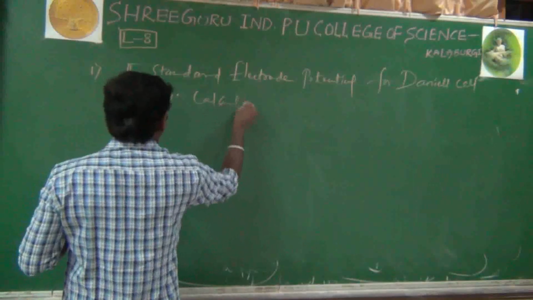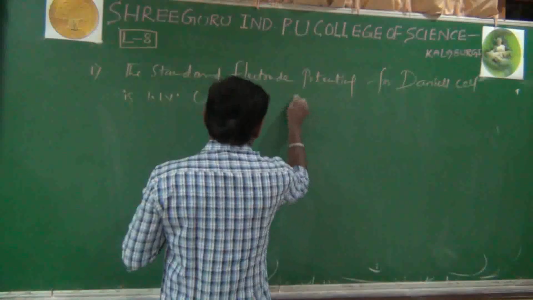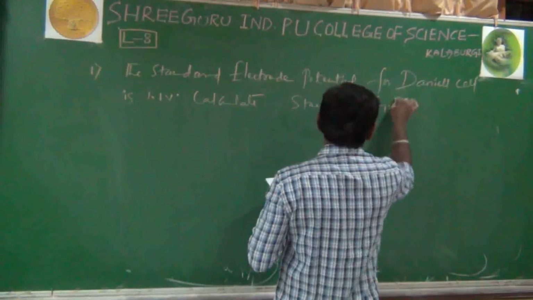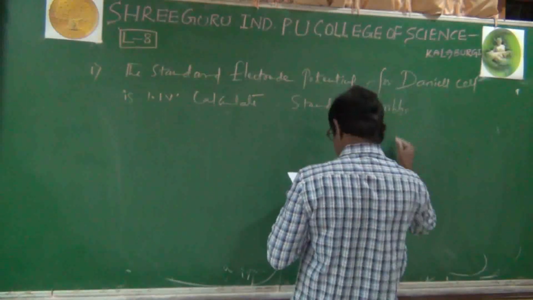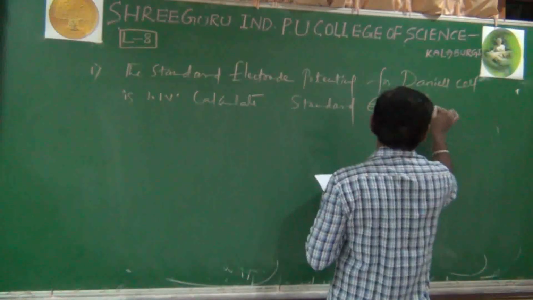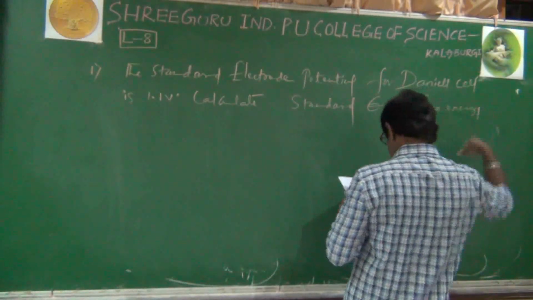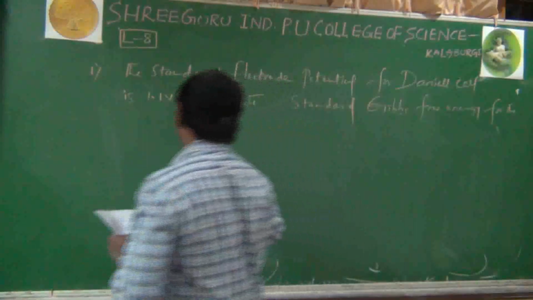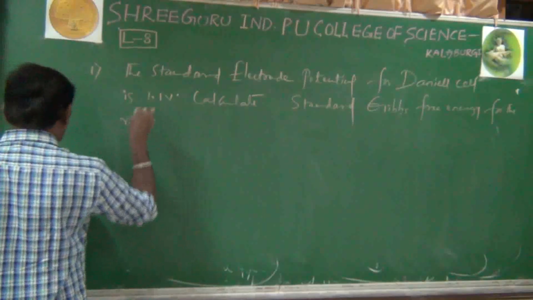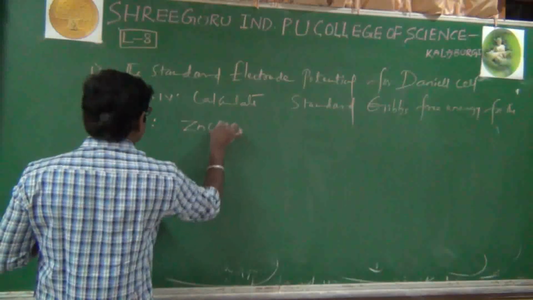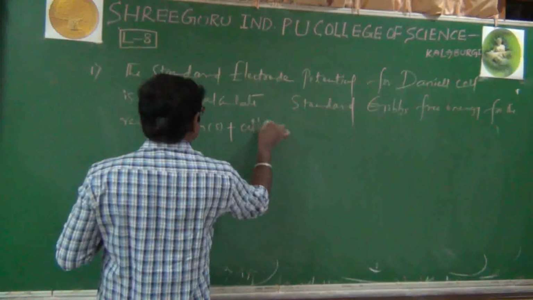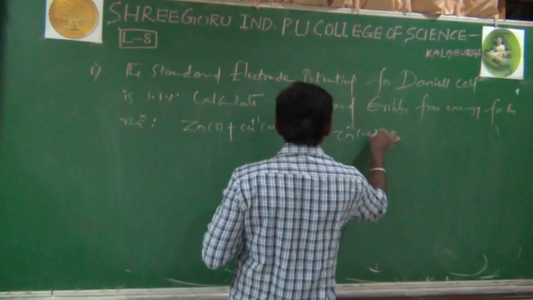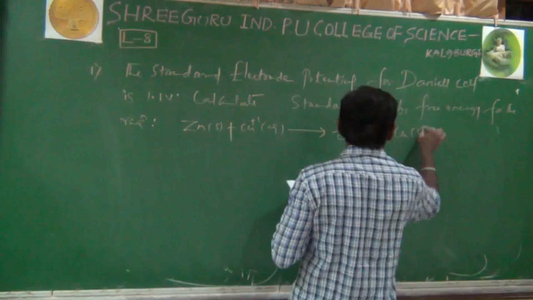Calculate the standard Gibbs free energy for the reaction. The reaction is also given: Zn plus Cu2+ gives Zn2+ plus Cu. That's all.